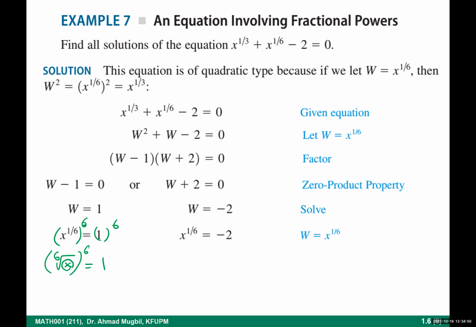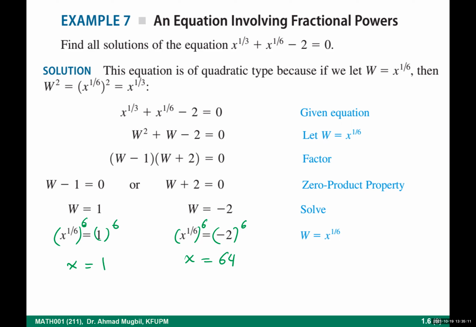And this is of course positive. Otherwise, this radical does not exist at all. So here we have x. You are right. And similarly, here you will raise both sides to the power 6, and you will get x equals 64.